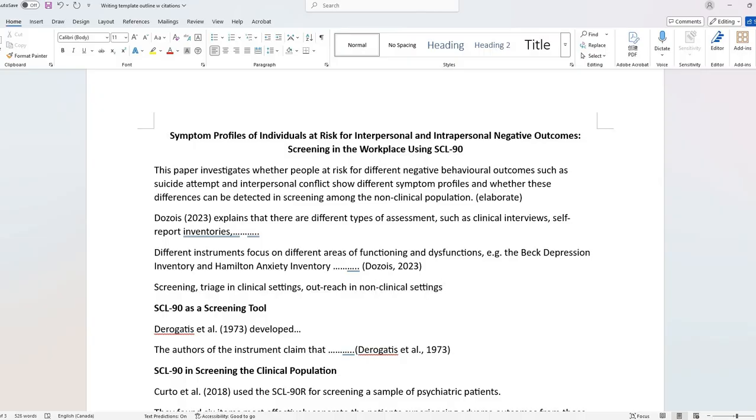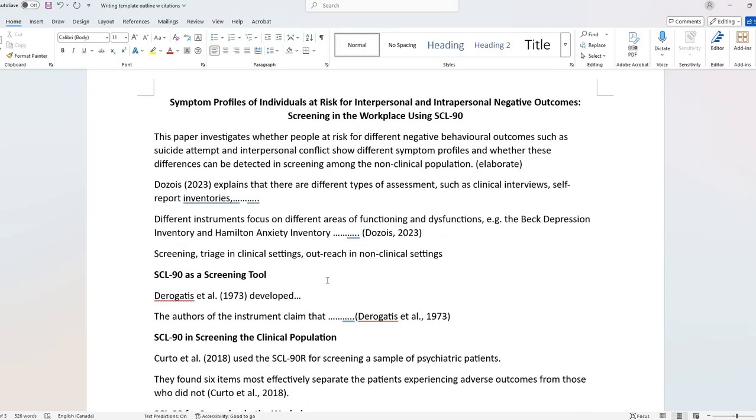For example, in the workplace, if we identify those employees who are at greater risk for suicide, for depression, for interpersonal conflict, we can reach out and we can offer them some help. Maybe we can refer them to professionals to get help. Screening is important. You talk about that.